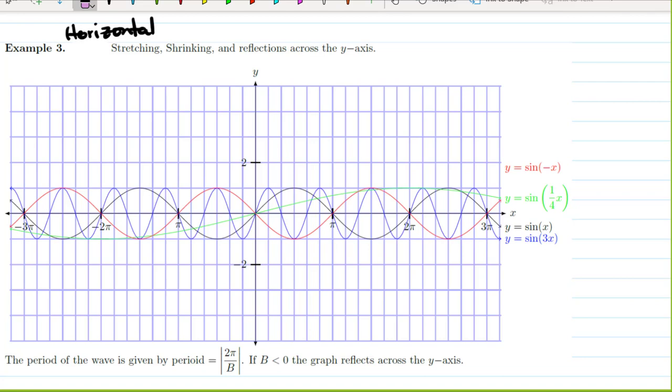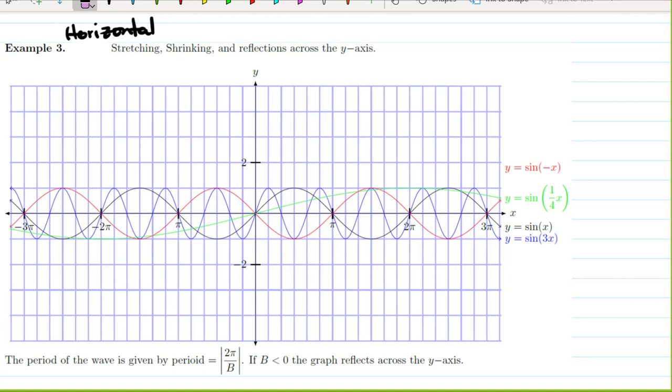The period of the wave, which, remember, is the smallest value where the graph starts repeating itself, or the frequency of the wave, changes when we alter the coefficient. This is function composition, and remember how back in chapter 2, whenever we had function composition, things didn't behave quite the way we would expect.